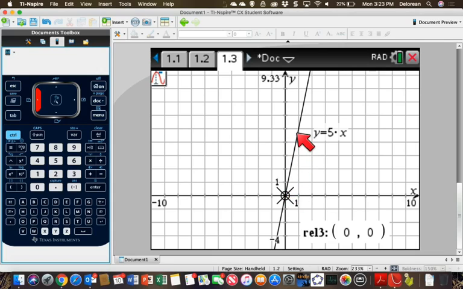And if we actually trace along the line, it will give us a point that we can't plot on our graph because our graph only goes as high as 6 on the y-axis. So it looks like this point here should be a good point for me to use, but for some reason the trace is not going to give me that point. So if I move along my line here, it won't give me that point.